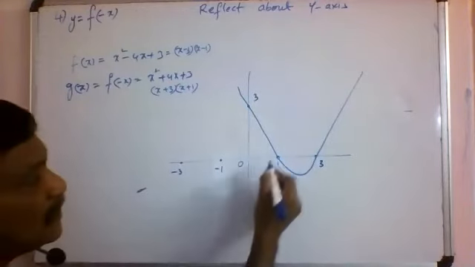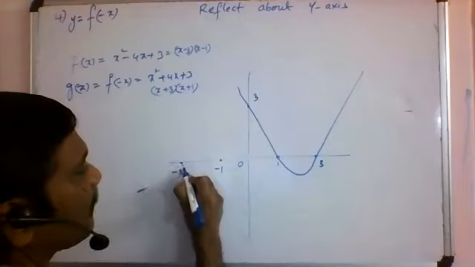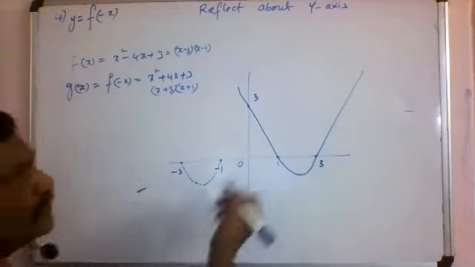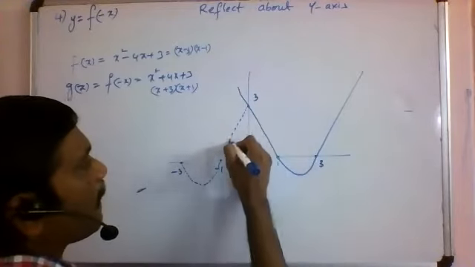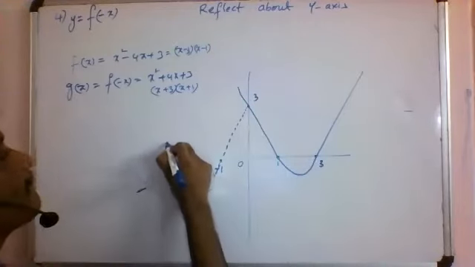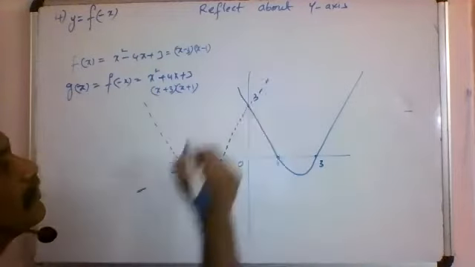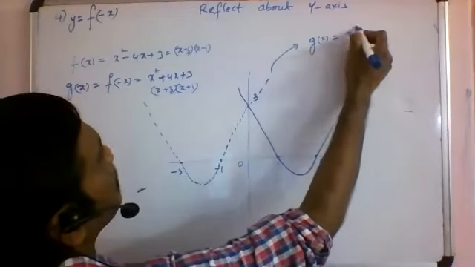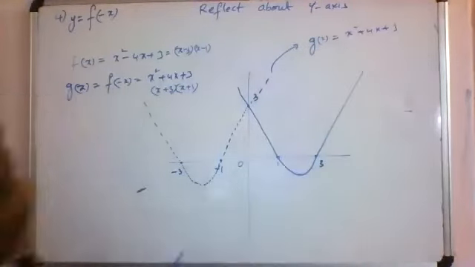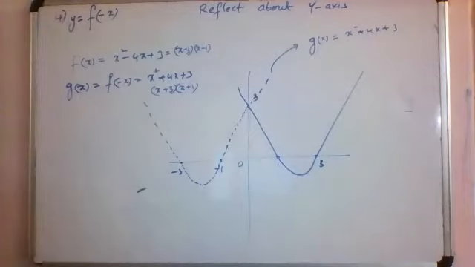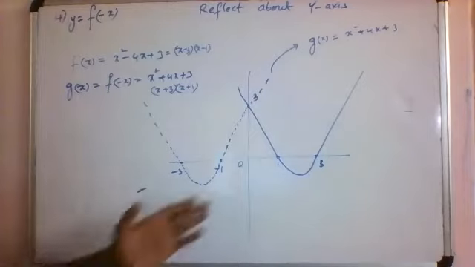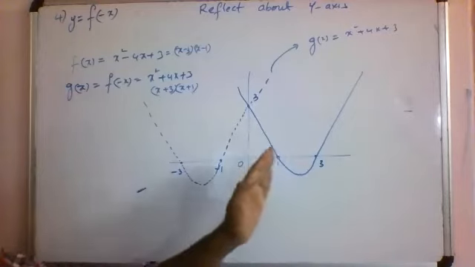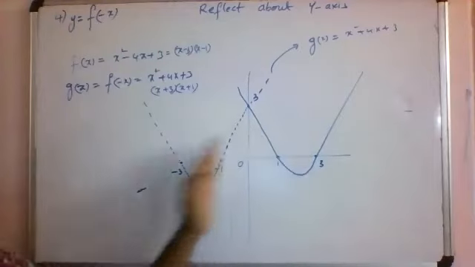So we get the same diagram like this here. So this is your g of x, x square plus 4x plus 3. Come on, draw this. They just appear as twins, on the right side of the y-axis and the left side of the y-axis.